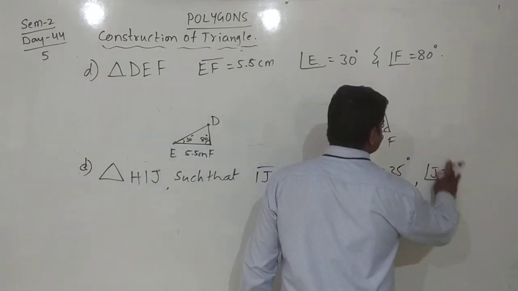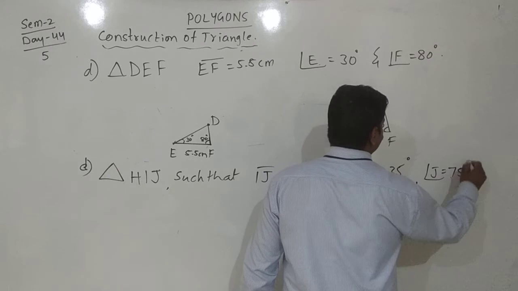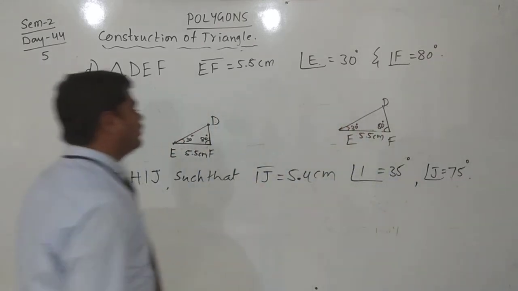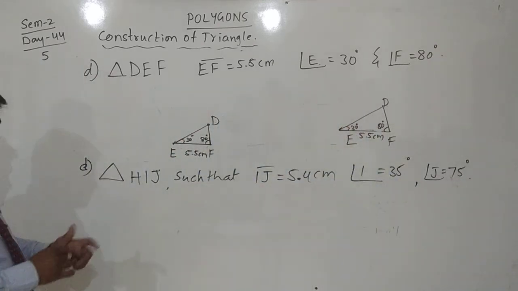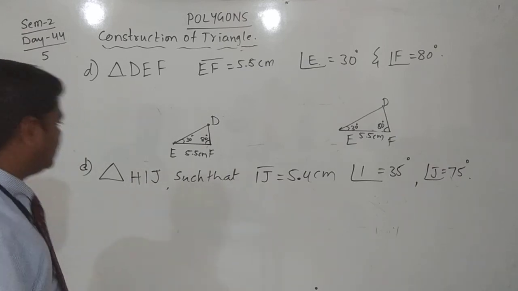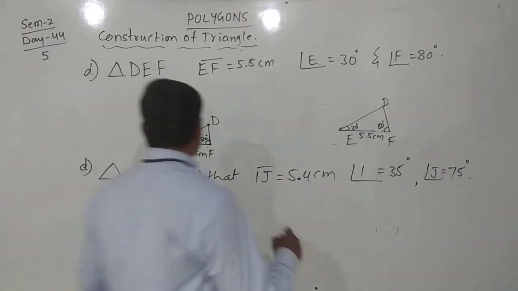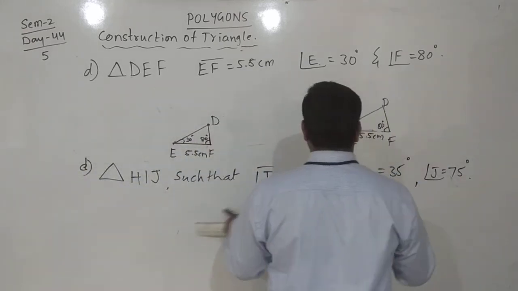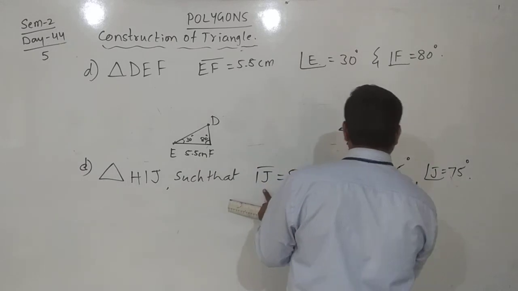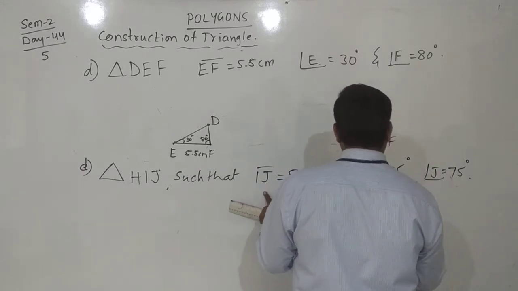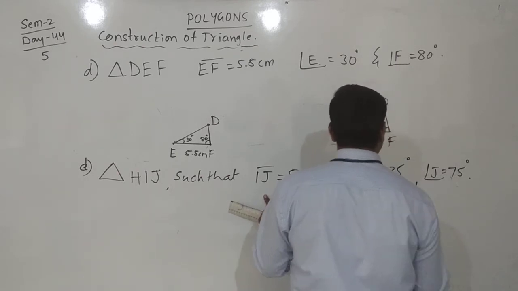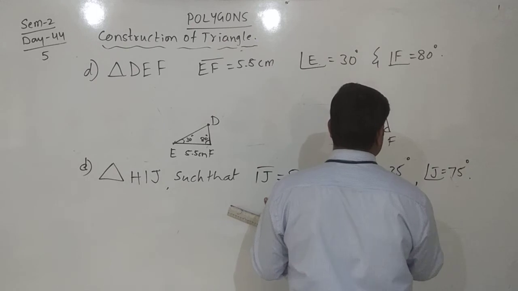Angle J is 75 degree. Now we can construct a triangle. Take first a rough figure. Triangle HIJ, IJ is 5.4 centimeter, angle I is 35, and angle J is 75, like this.